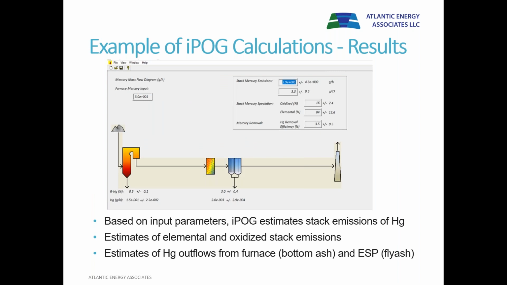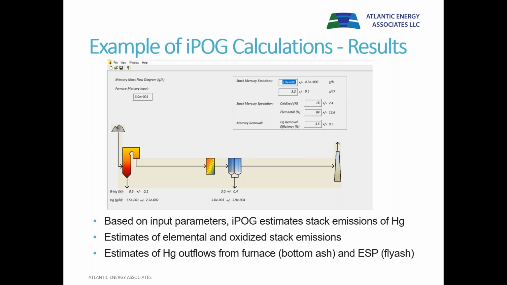After we have done all these inputs, and there are other screens that define the furnace, which I skipped for the sake of brevity, we finally come to the results. This is a snapshot of mercury behavior in the system based on input parameters. iPOG estimates mercury emissions.